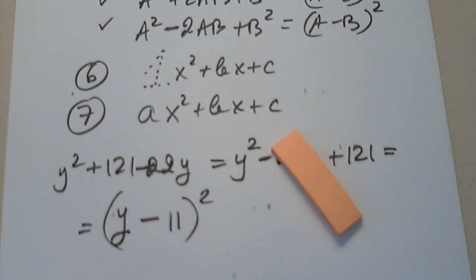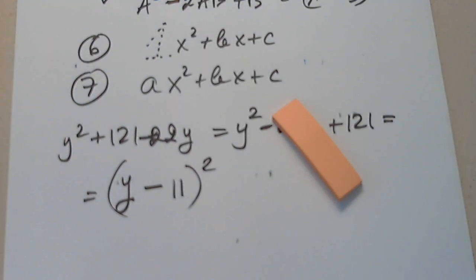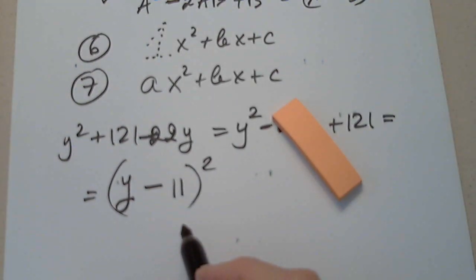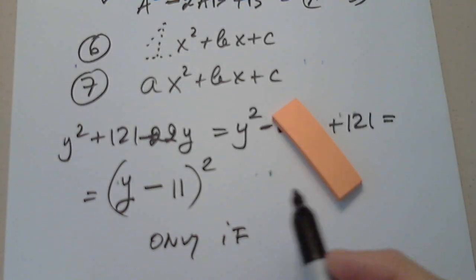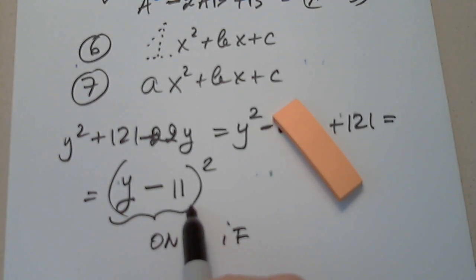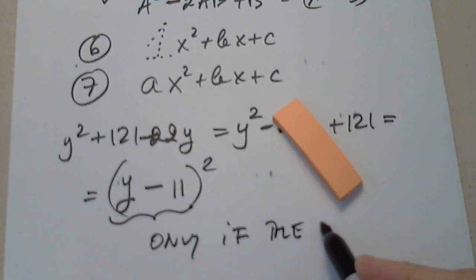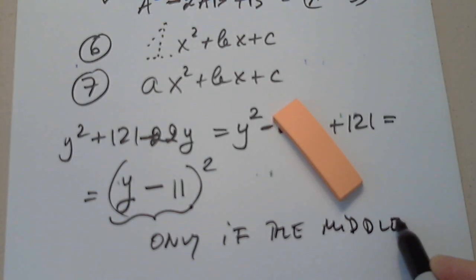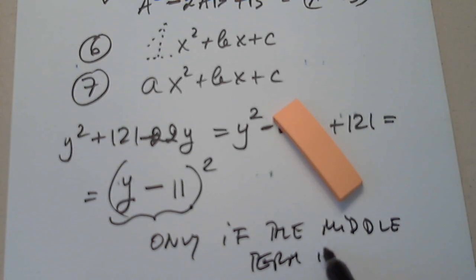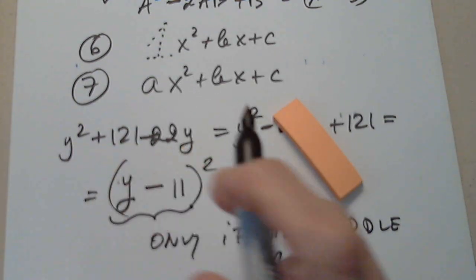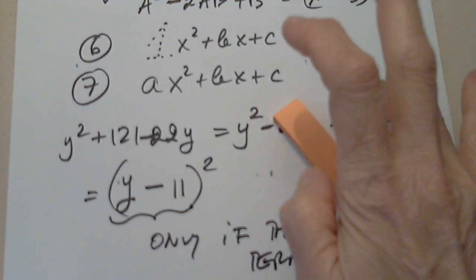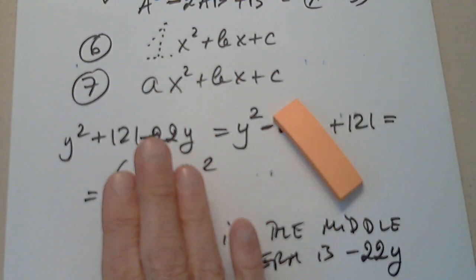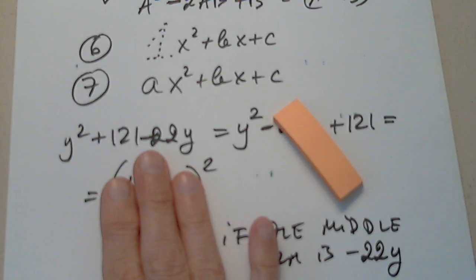Well, I have 11. However, this is good only if the middle term is negative 22y. If it isn't, these two are not equal, and this is not the factored form.